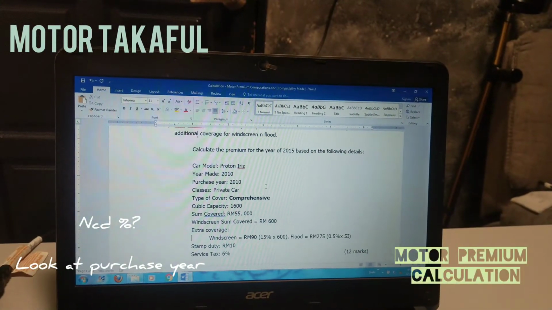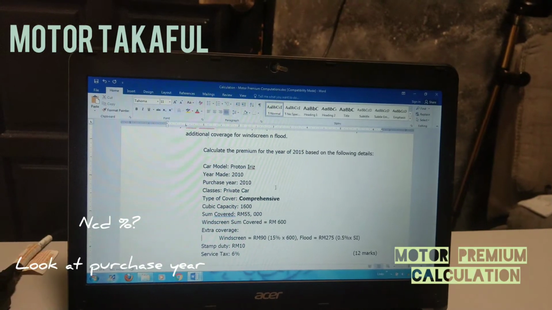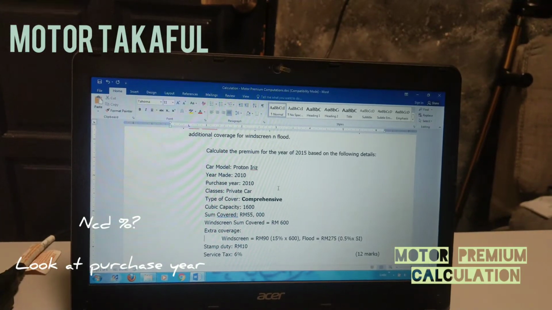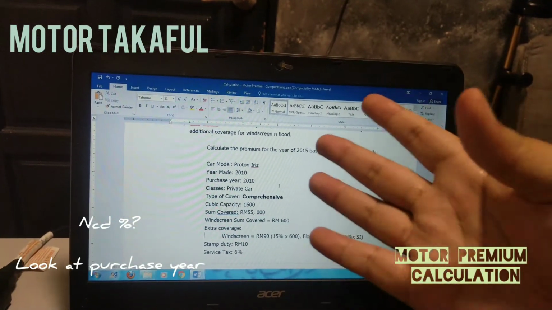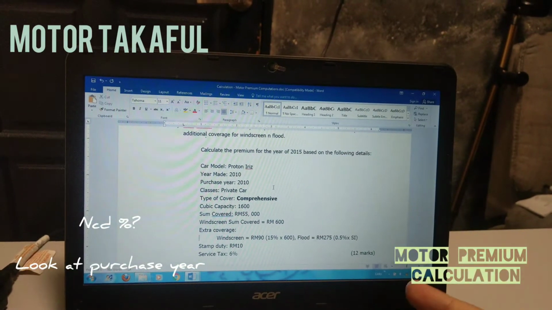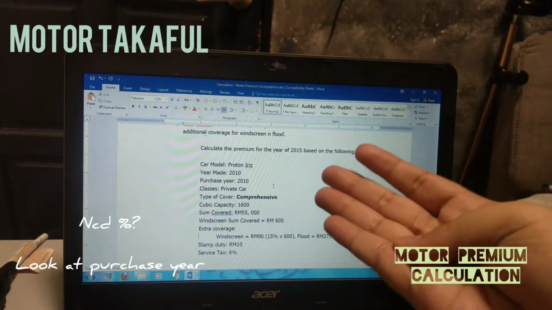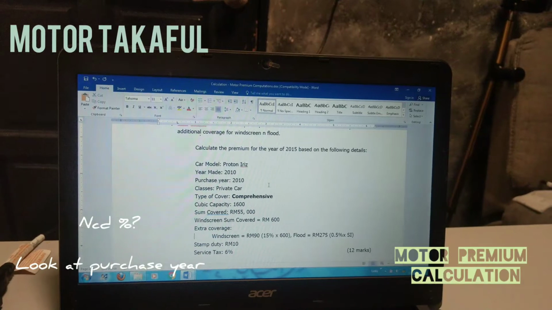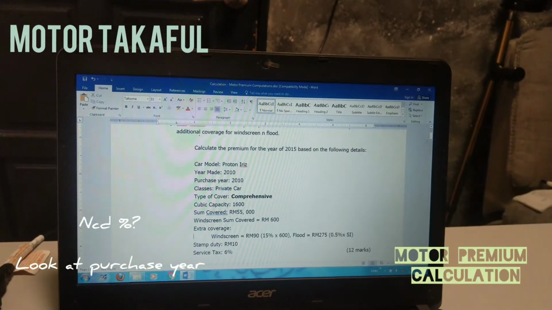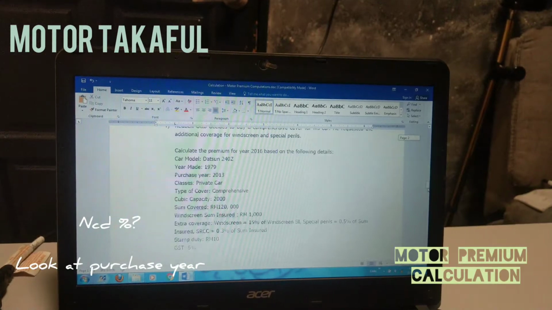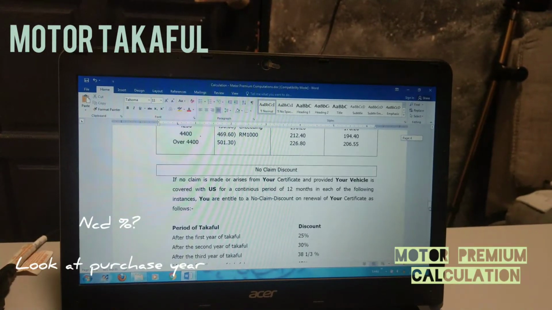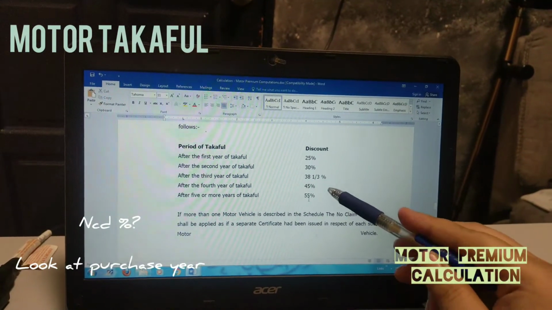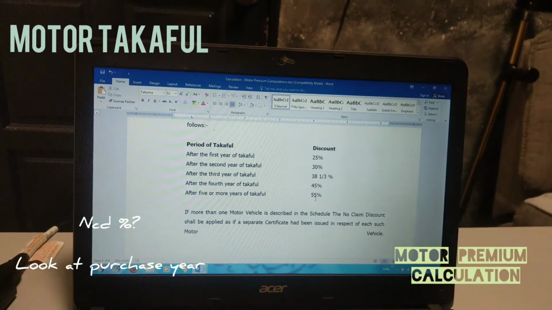For example, if the question is purchase year 2013 and calculate the premium for the year 2015, you skip 2013 and go straight to 2014, 2015. Just like I counted just now for Mak Jemaah: 2011, 2012, 2013, 2014, 2015. So after 5 years, the NCD is 55%. If you look here, the NCD after 5 years is 55%.